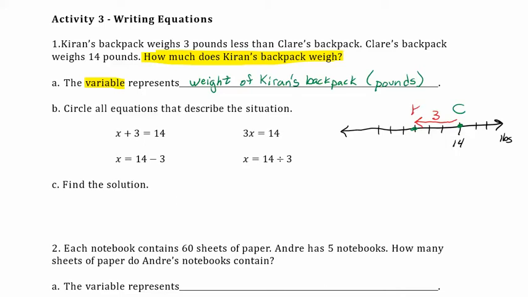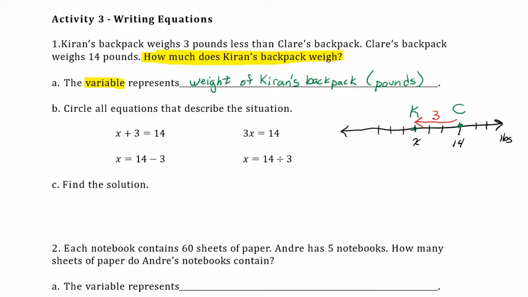And that's going to be Kieran. So with that in mind, we could probably figure out how much Kieran's backpack weighs just by looking at this line. That's great, but let's think about how we would write an equation. Remember, in our scenario, x was the weight of Kieran's backpack, even though we could just count on this number line and figure it out now.